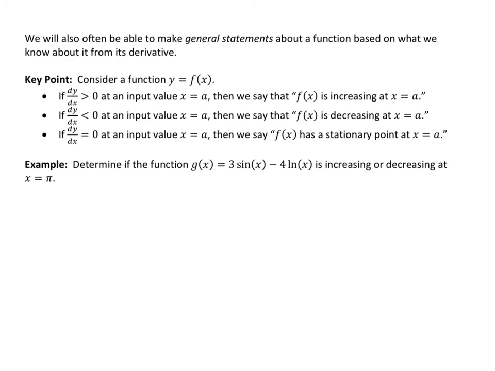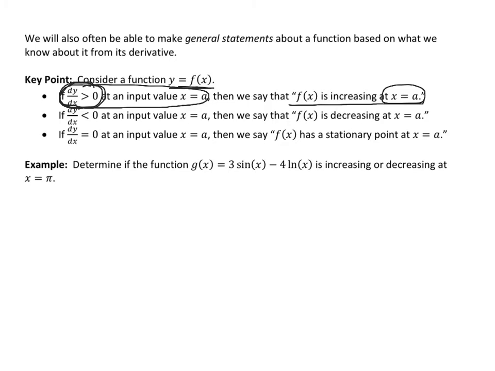So suppose again that we're working with a function y equals f of x. Now, suppose that dy/dx is greater than 0 for some value a. So dy/dx being greater than 0 means dy/dx is positive. When the derivative is positive, we say that our function is increasing at that value.